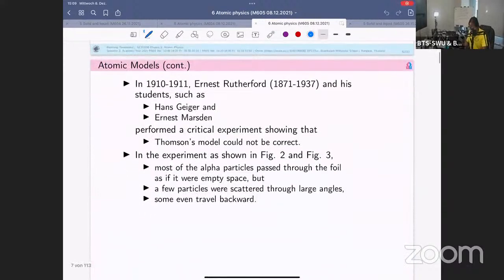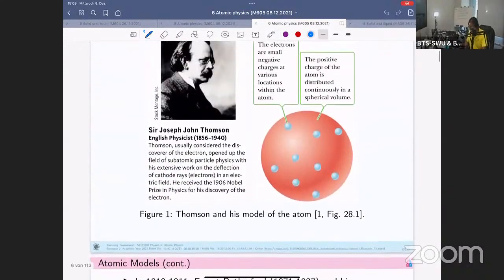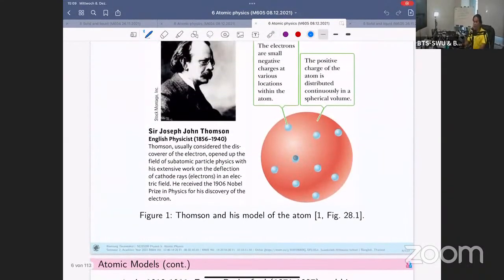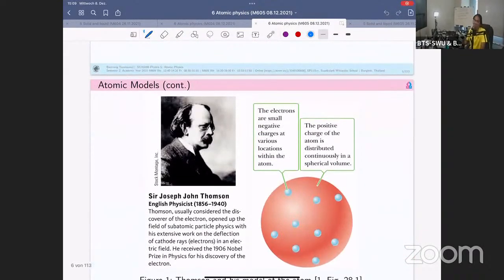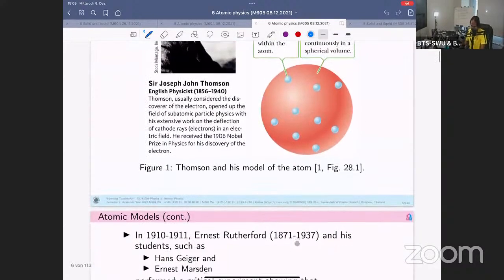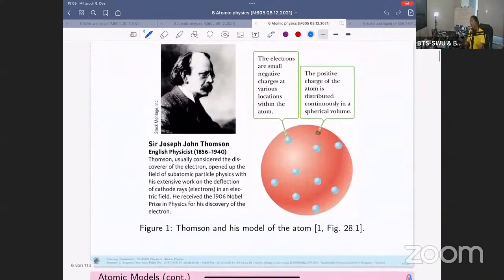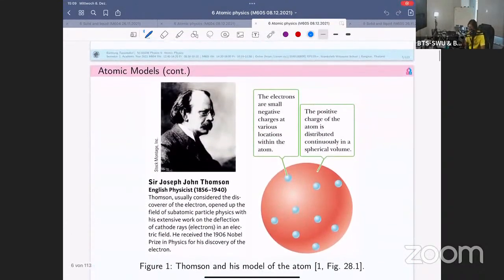Let's go further. You could see that the model created by him is not correct. It's not what we realize nowadays. People tried to make a good model of the atom, and the research was quite popular at that time.